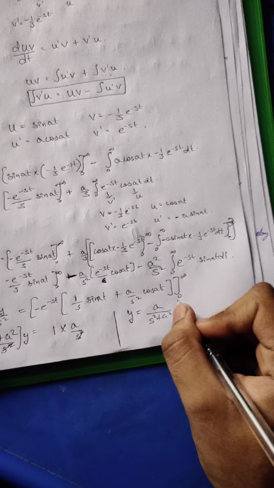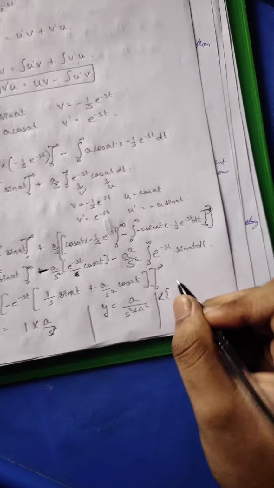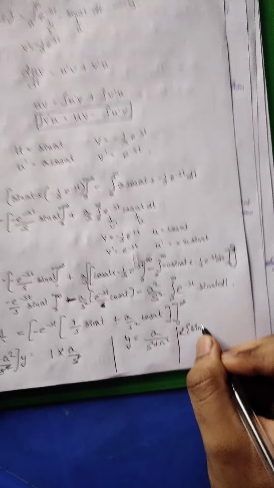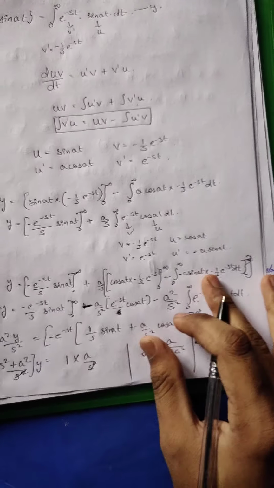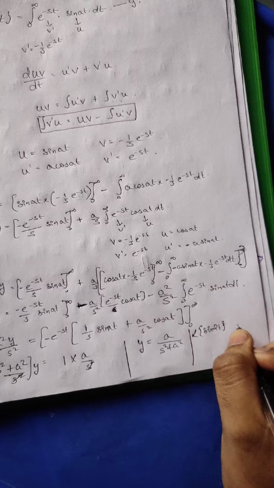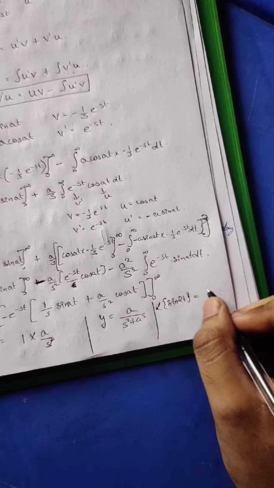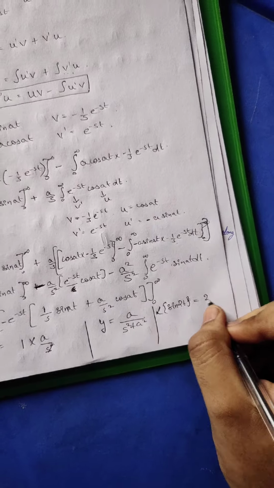For the Laplace transform of sine of 2t, it would be equal to a, which is our 2 here, so 2 by s square plus 4. That's it.